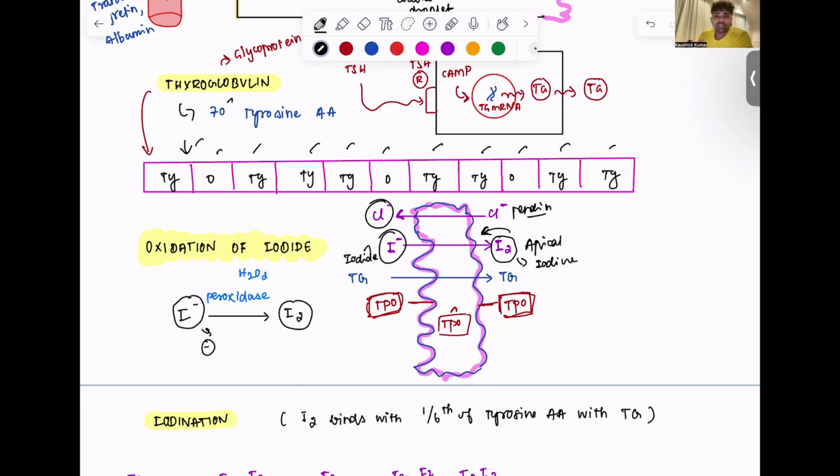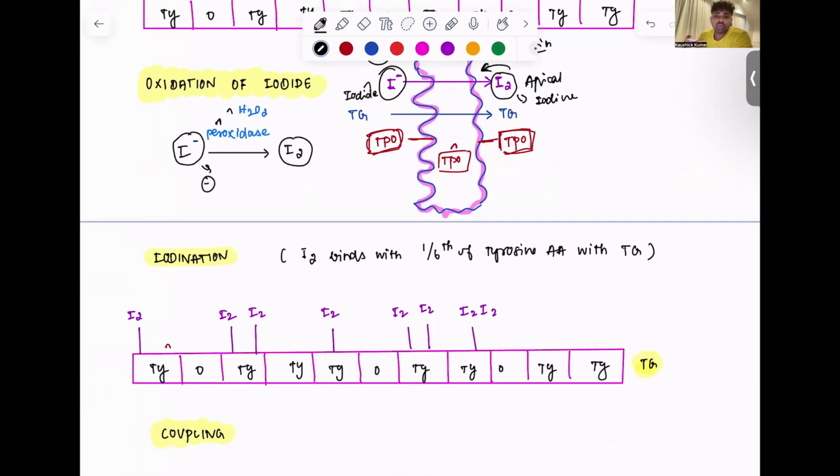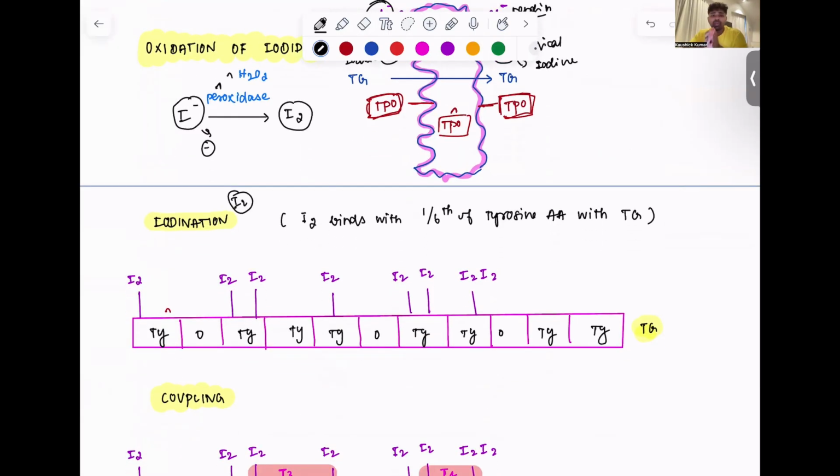So who is doing this process? This is done with the help of an enzyme called peroxidase along with hydrogen peroxide. After oxidation, the next step is iodination. Now we have iodine in the luminal side, and we also have thyroglobulin in the luminal side. As I told you, thyroglobulin has so many tyrosine residues.